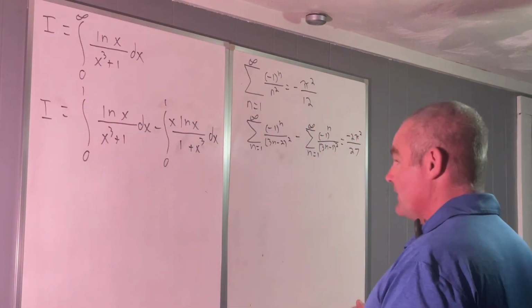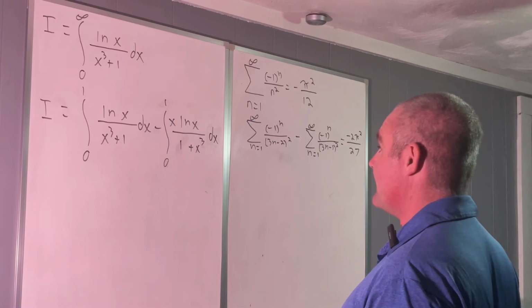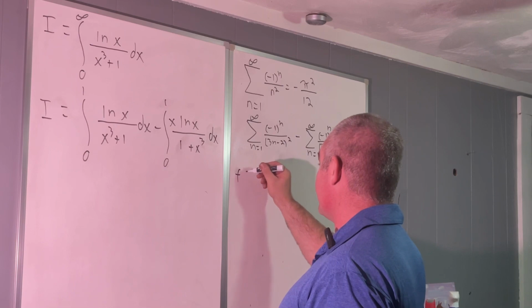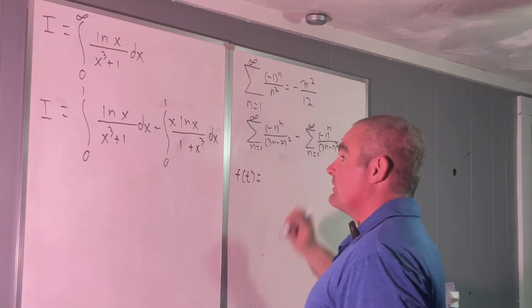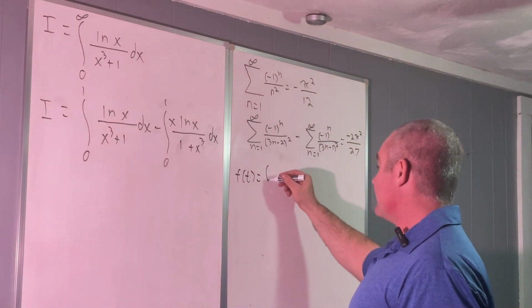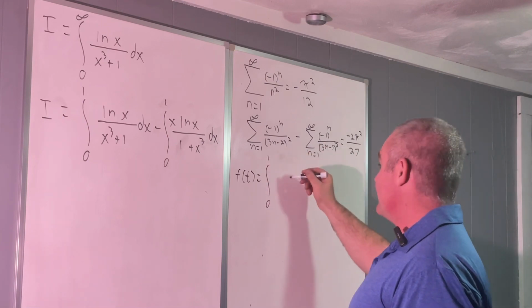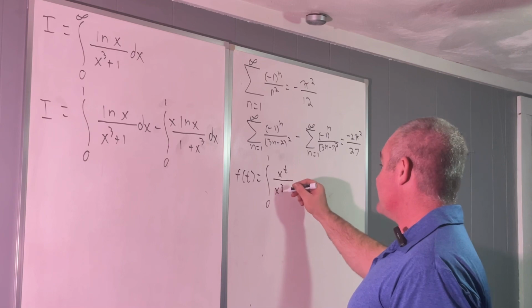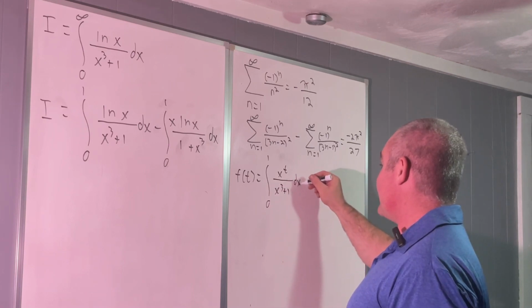All right. Now let's go ahead and create a function of t. Our function of t is going to be equal to the integral from 0 to 1 of x to the t over x cubed plus 1 dx.